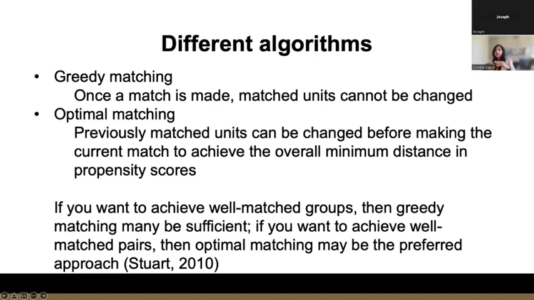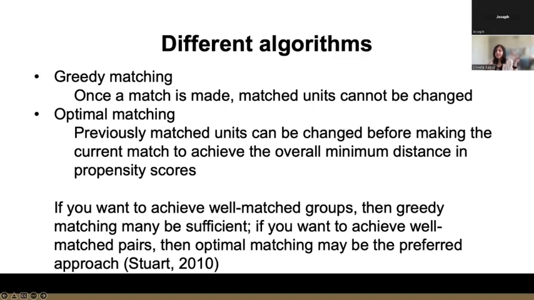Here, even if one match has already been made, when you go to the next step of matching the next individual, the algorithm would still consider that previous match, and the aim here would be to ensure that you achieve minimal difference in the propensity scores of the matched individuals.